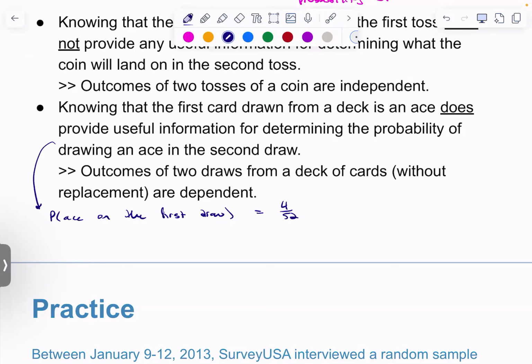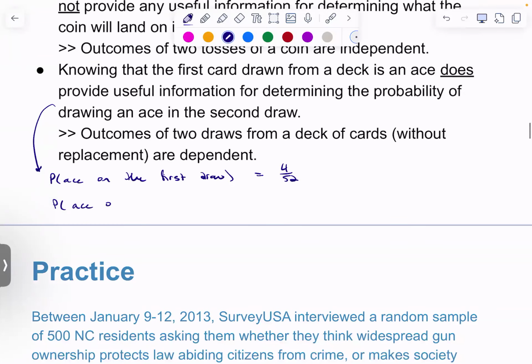But the probability of an ace on the second draw, knowing, we're going to change that to given, but knowing the first card was an ace, is now I only have 3 aces left in the deck and I removed a card.